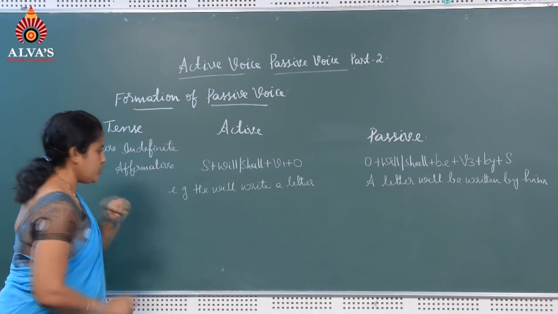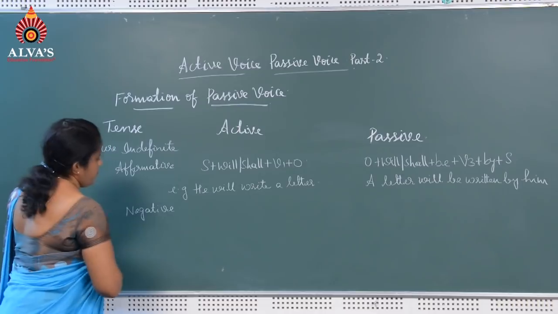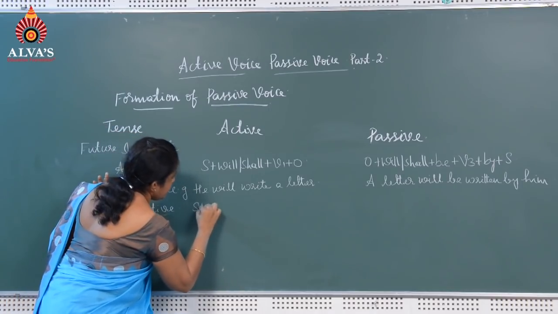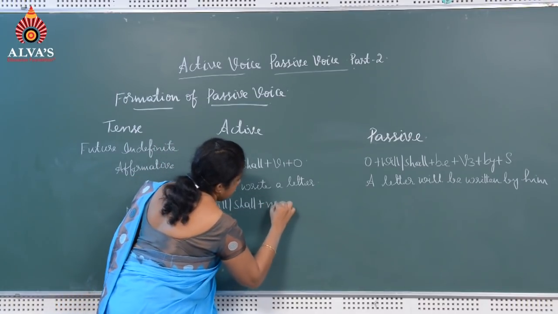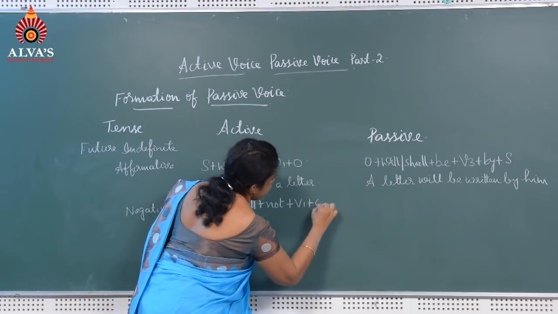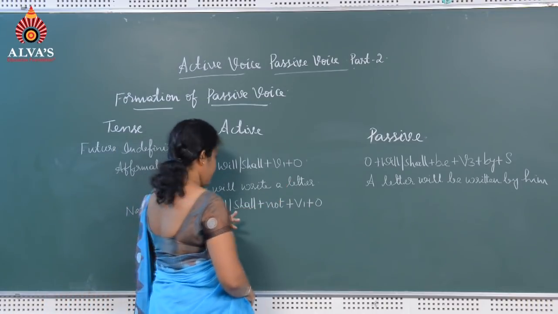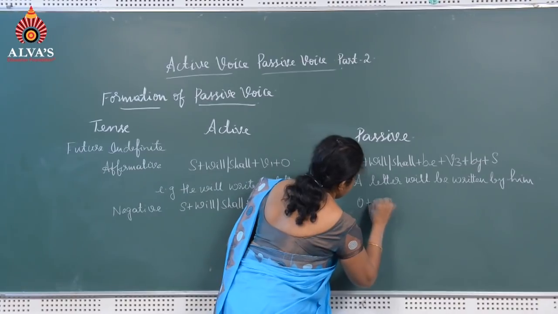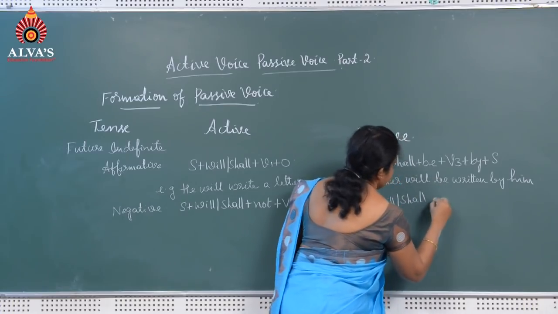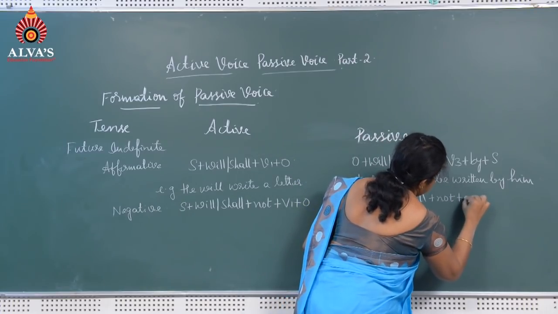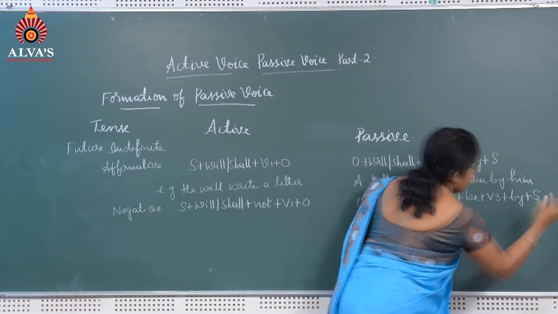If we take a negative sentence, formula is subject plus will or shall plus not plus V1 plus a object. If we take passive voice, it becomes object will or shall plus not plus be plus a V3 form plus by plus a subject.